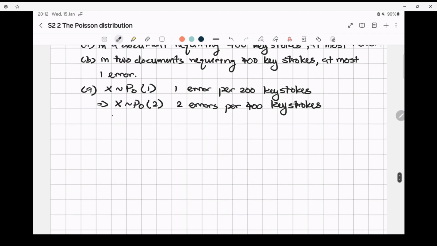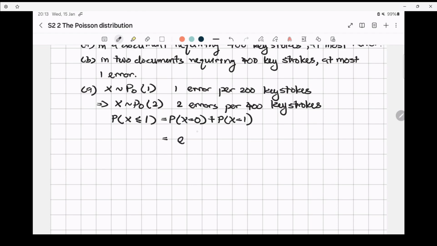So you want to find the probability that you would get at most one error. So this will be x smaller or equals to 1, which is P(X=0) plus P(X=1). So calculate that using your formula.